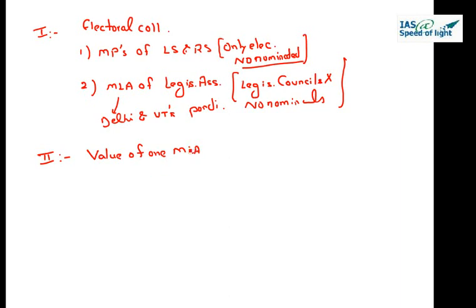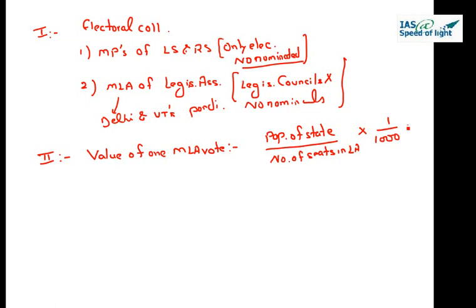To calculate the value of one MLA vote, what they do is they take the total population of the state, divided by the number of seats in the legislative assembly, multiplied by 1 by 1000.